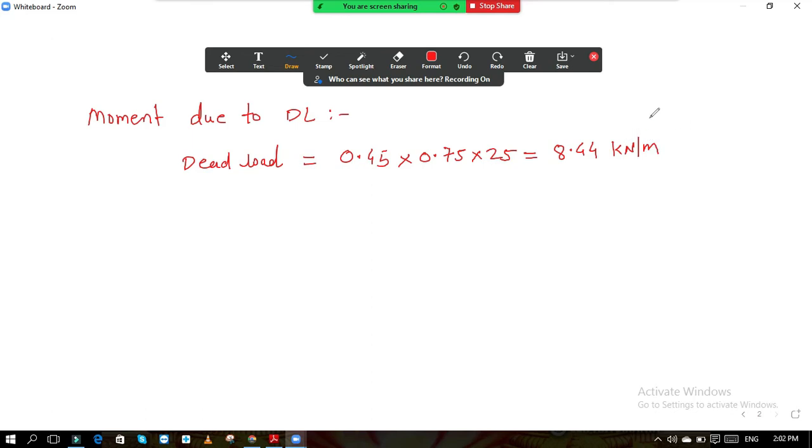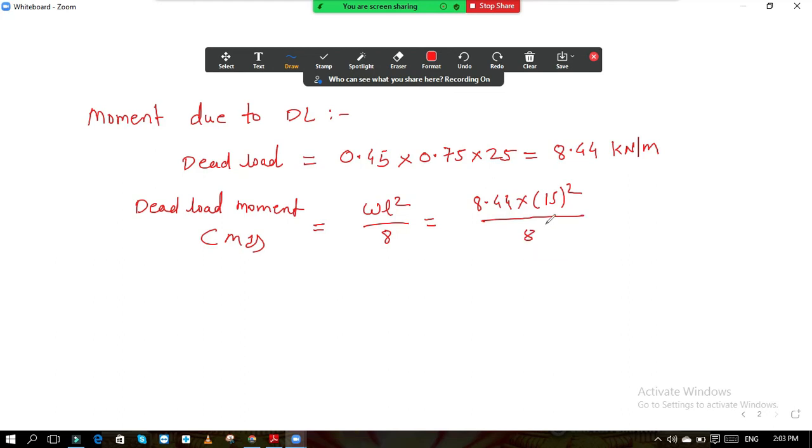Now calculate the dead load moment. MD is equal to W L square by 8, which is equal to 8.44 into 15 square divided by 8.